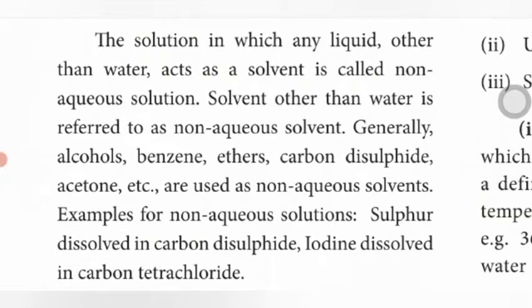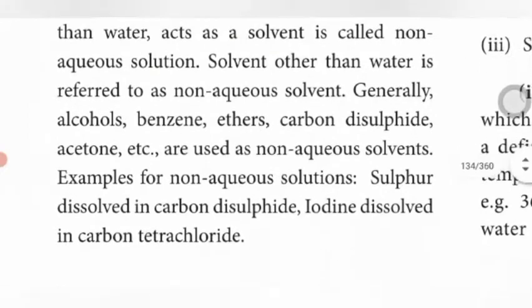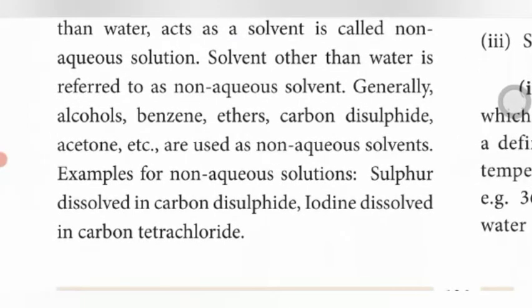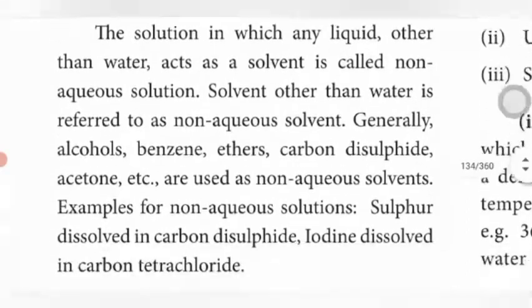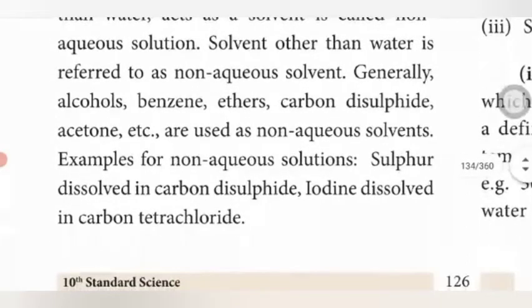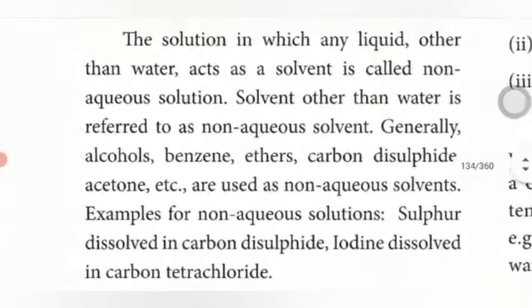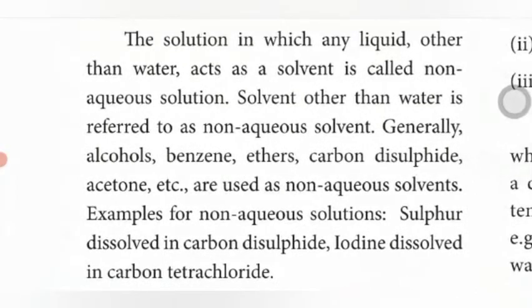Examples of non-aqueous solutions: sulfur dissolved in carbon disulfide. Another example, iodine dissolved in carbon tetrachloride. These are the examples of non-aqueous solution. Examples of non-aqueous solvent: alcohol, benzene, ethers, carbon disulfide, acetone.